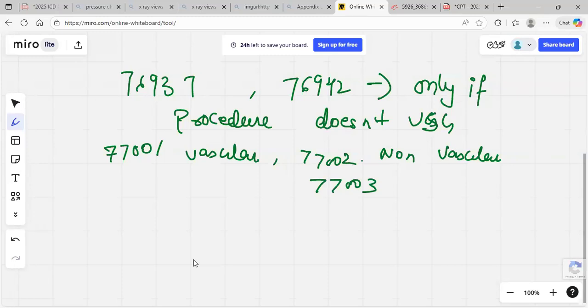So if during the procedure, the doctor is using any device, any radiological guidance to understand where we need to insert the needle, where we have to mark the incision, then we are going to consider this as guidance.